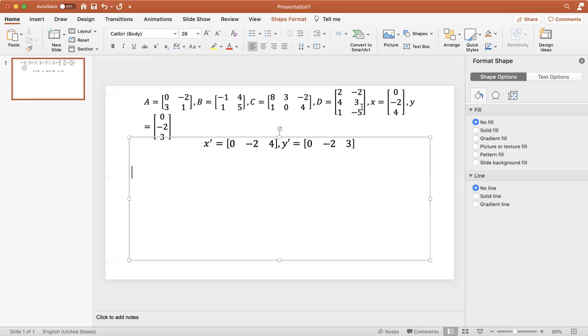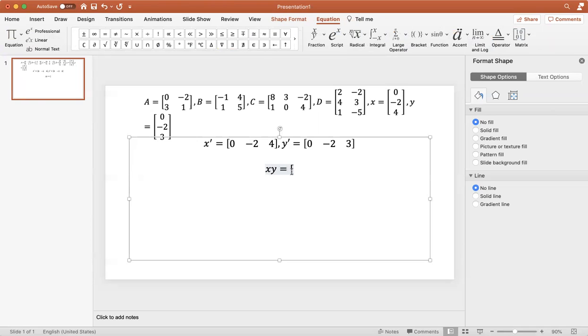In other words, in order for matrix or vector multiplication to happen, the number of columns of the first vector should correspond to the number of rows of the second vector. So for instance, we have x, y.